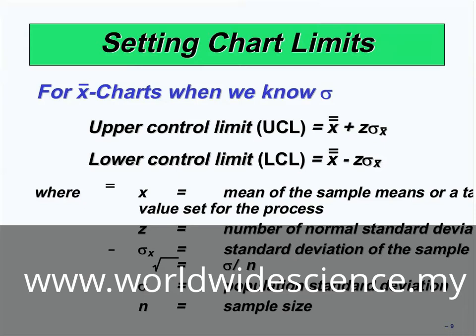As I told you, the Z and sigma can be determined by engineers or top managers, and they are given to you. So the operation manager can calculate X bar bar and other variables.